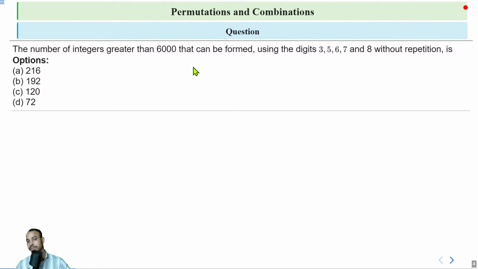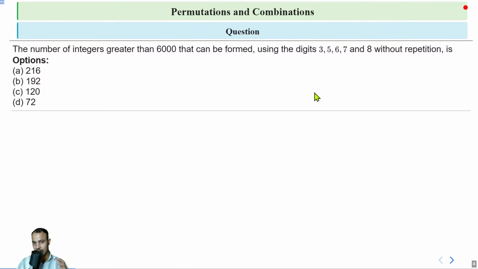The second case is you will take a 5 digit number. Clear? Because you have 5 digits, you can take a 4 digit number and you can take a 5 digit number. So case 1, you can take 4 digit numbers, and case 2, you can take 5 digit numbers.